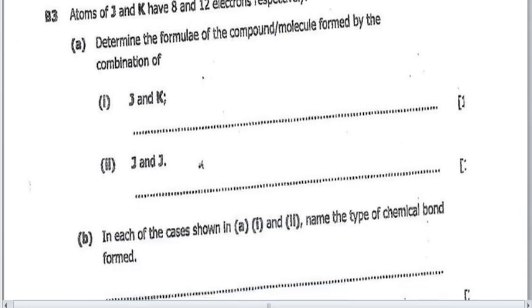Atoms of J and K have 8 and 12 electrons respectively. Determine the formulae of the compound or molecule formed by the combination of J and K. Look at what is going to happen.